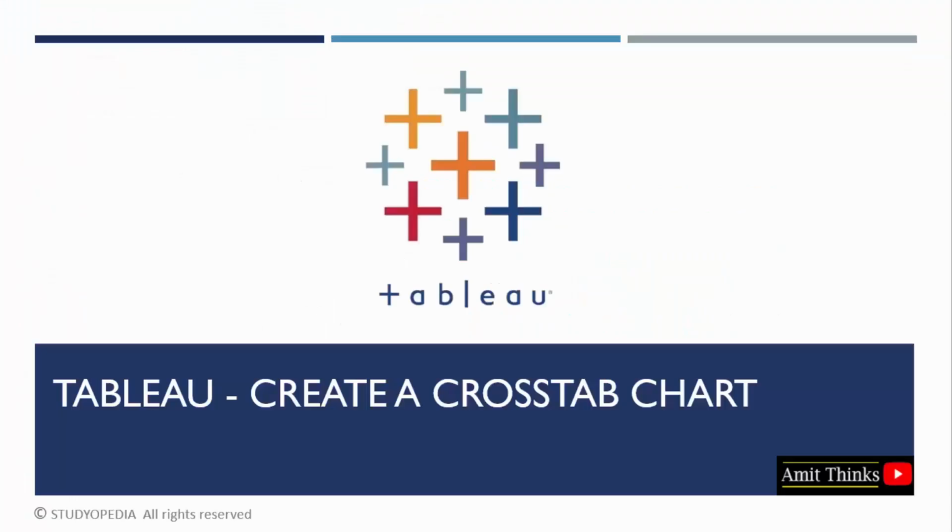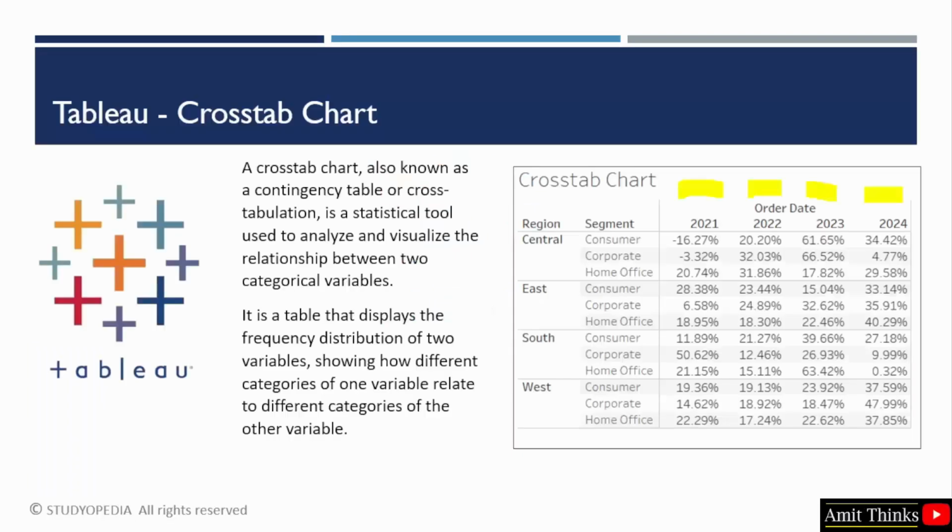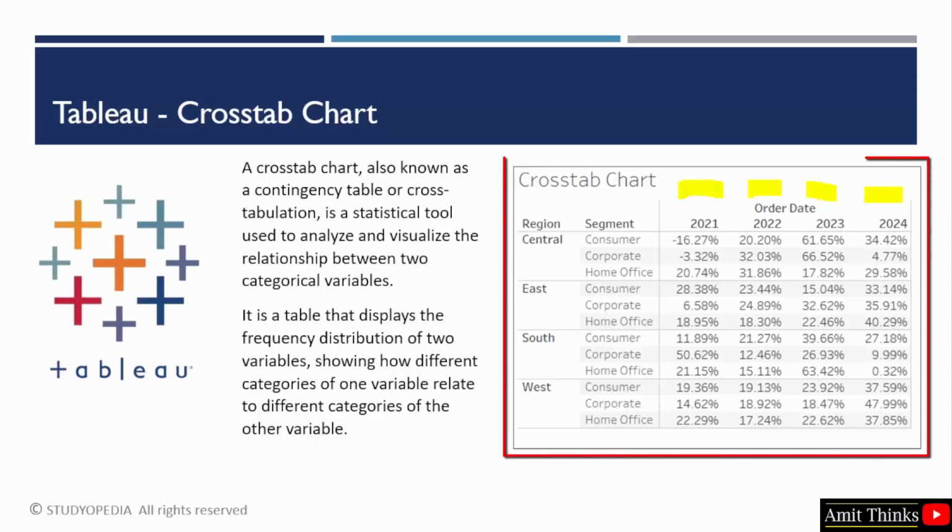In this lesson, we will understand how to create a crosstab chart in Tableau. First, we will understand what is a crosstab chart. Then we will implement it in Tableau. Let us start. Consider it as a chart to analyze and visualize the relationship between two categorical variables. Like on the right, we have shown the profit distribution across different regions and segments over time.